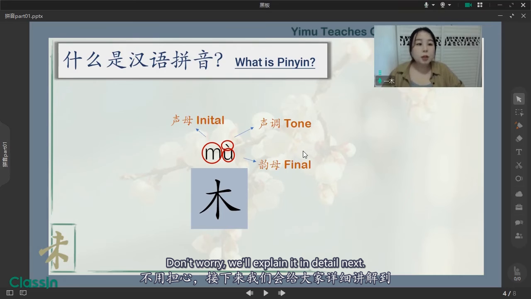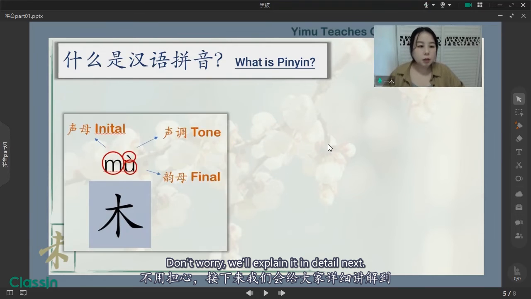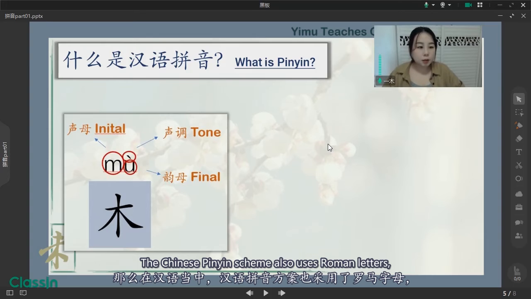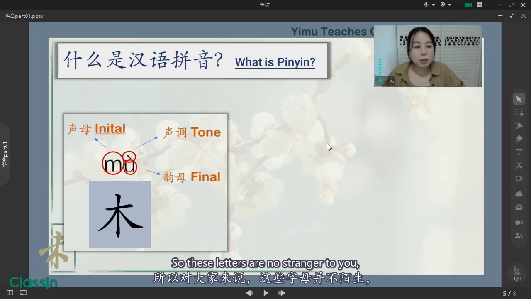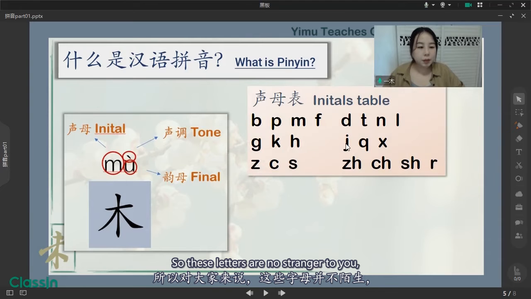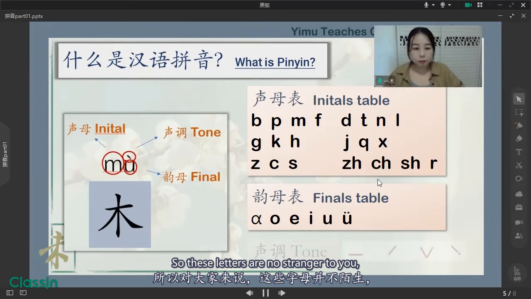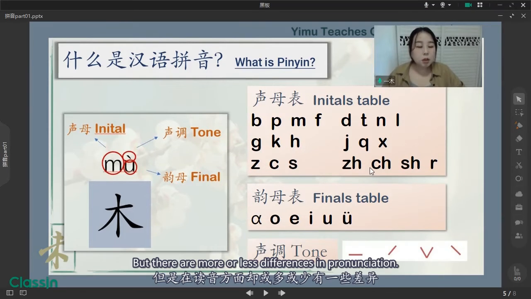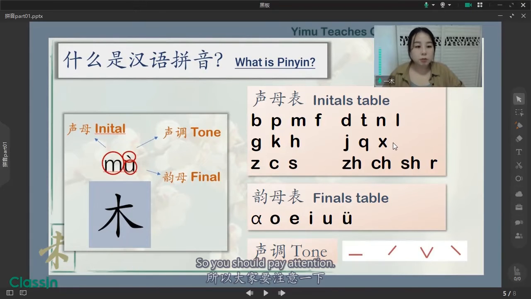Don't worry, we will explain it in detail next. The Chinese pinyin scheme also uses Roman letters, so these letters are not strange to you. But there are more or less differences in pronunciation, so you should pay attention.